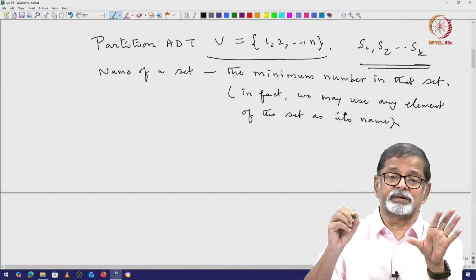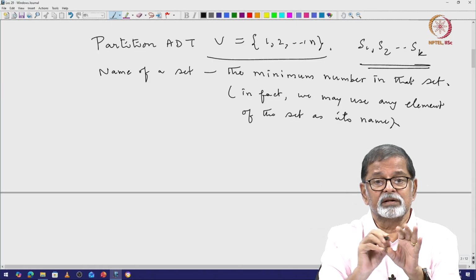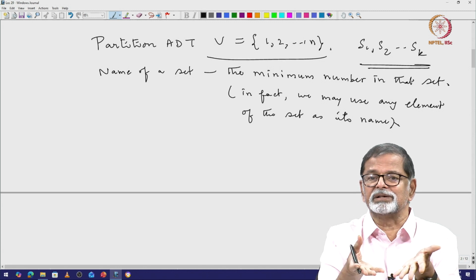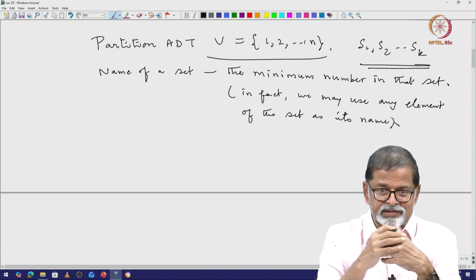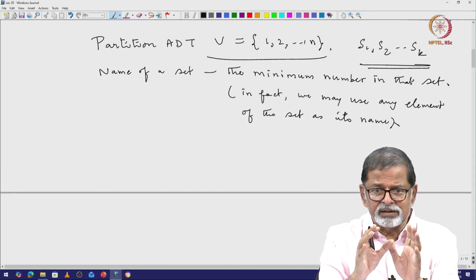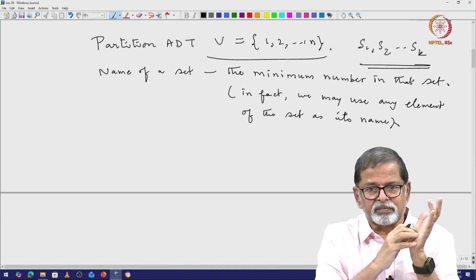It is a partition, so it is not in several sets, and every element is in some set or other. Therefore, there is no ambiguity in choosing an arbitrary element of a set to serve as its name. It is an identifier; it uniquely identifies the object.